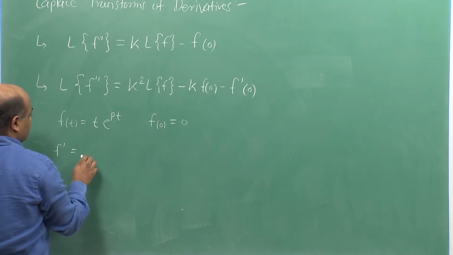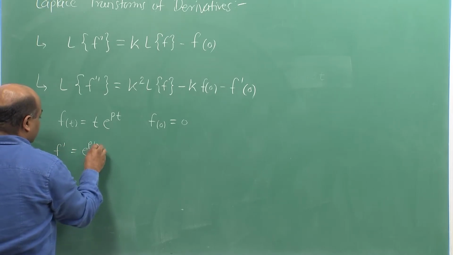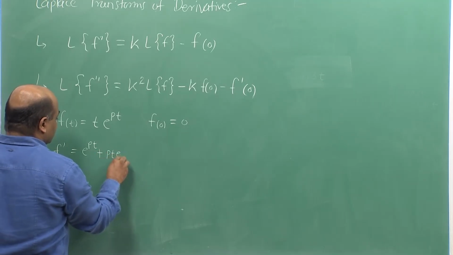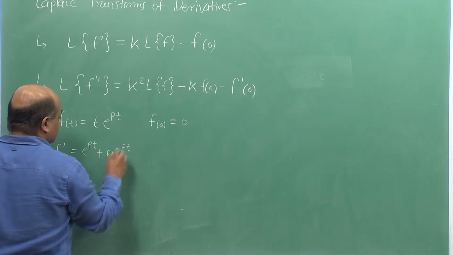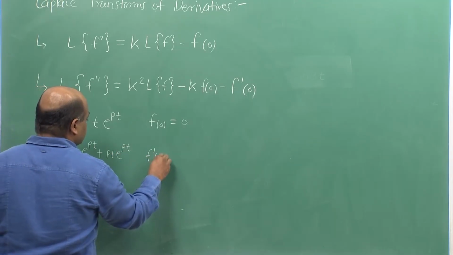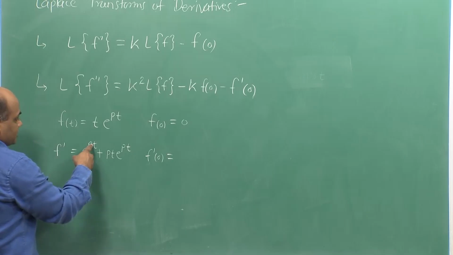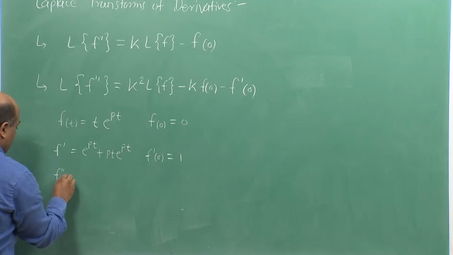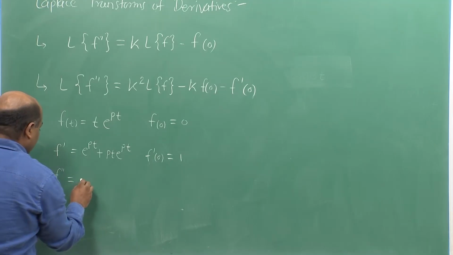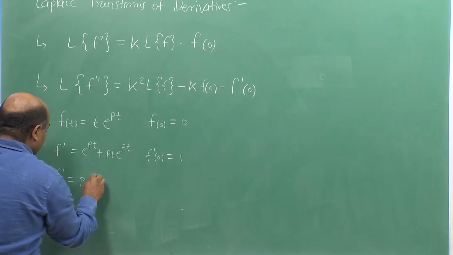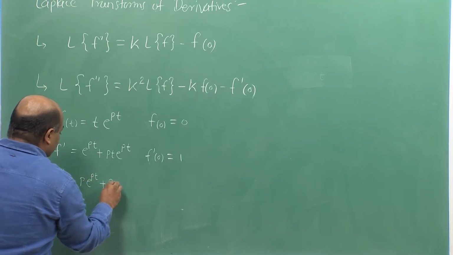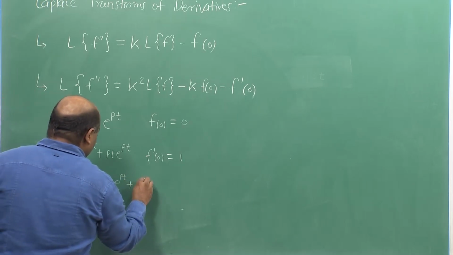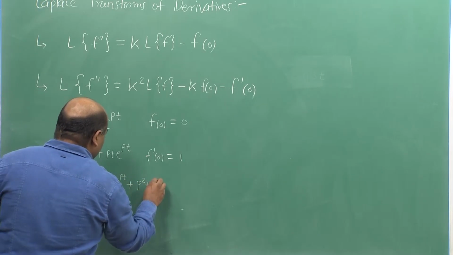f prime here will be e to the power pt plus pt times e to the power pt. So, f prime 0 will be e to the power 0 is 1 and this will be 0, so 1, and f double prime will be p times e to the power pt plus p times e to the power pt plus p square t e to the power pt.